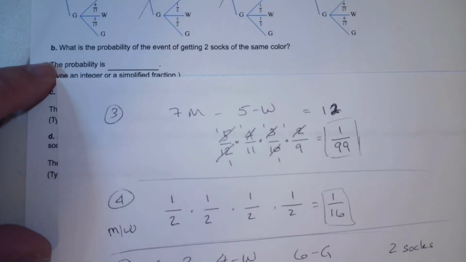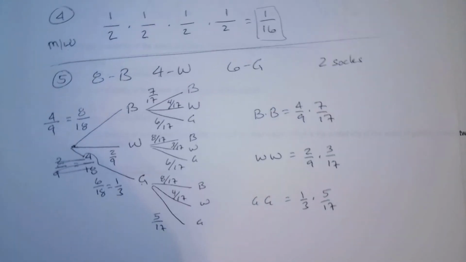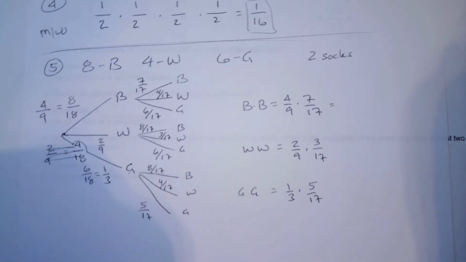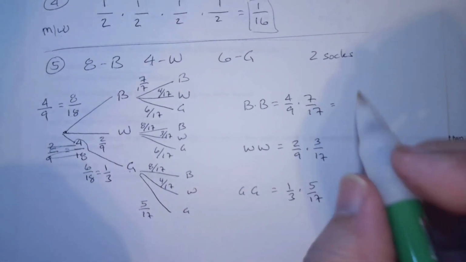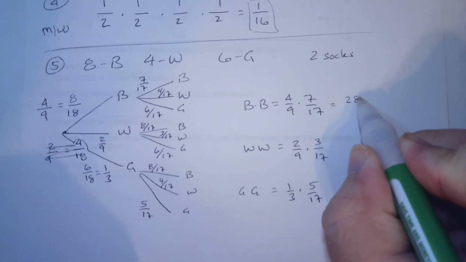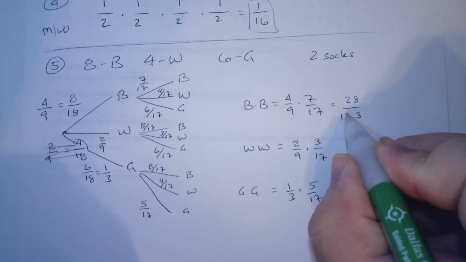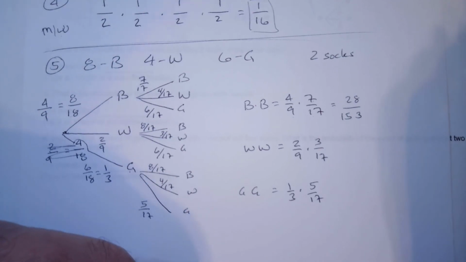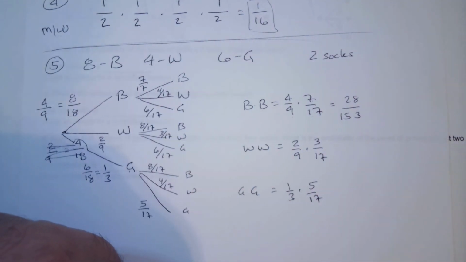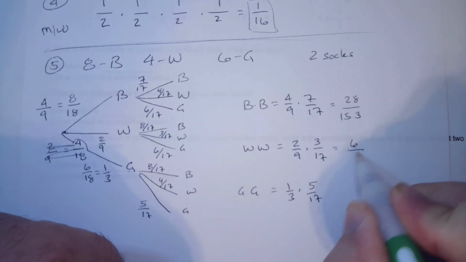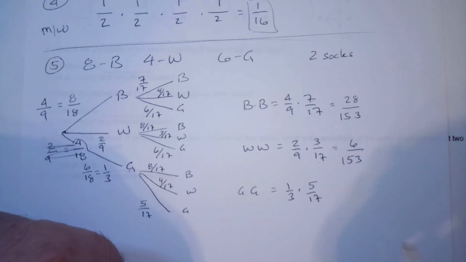Okay, so what is the probability of getting 2 socks the same color? So in this first one we have 28, 7 times 4. 153, 28 over 153. 2 times 3 is 6 over 153. 1 times 5 is 5 over 153.